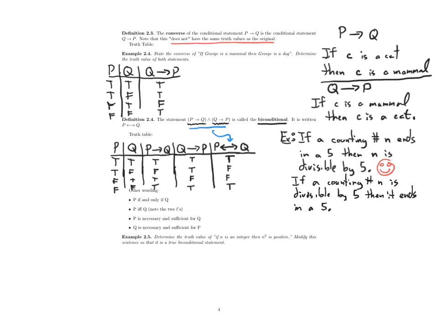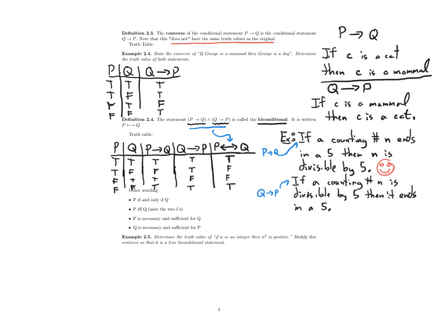That is not true. So let me mark this in, this is P implies Q. This is the converse, Q implies P. So in this situation, this is not true.